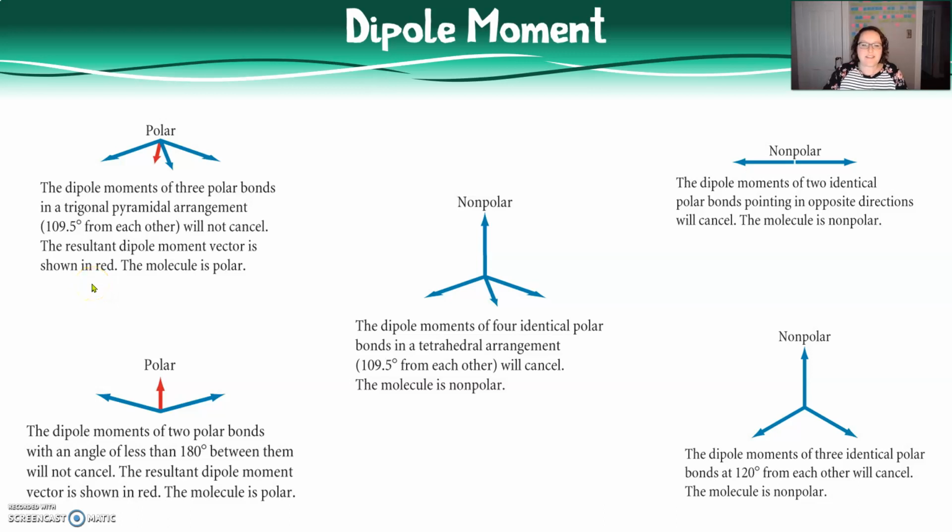So when a molecule has a lot of different elements as terminal atoms, it may be more difficult to determine how the individual dipoles will combine. Whereas when the molecule contains all the same element for the terminal atoms, this makes it easier to see how the bond dipoles will cancel out or add together.